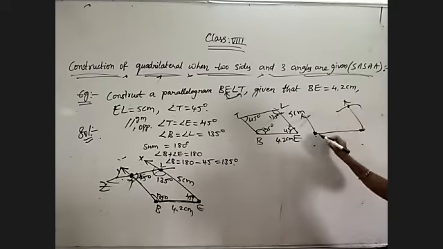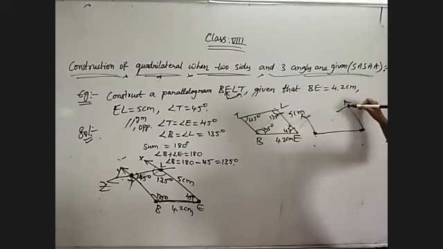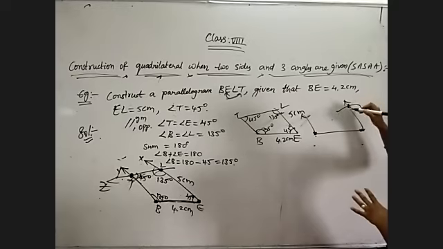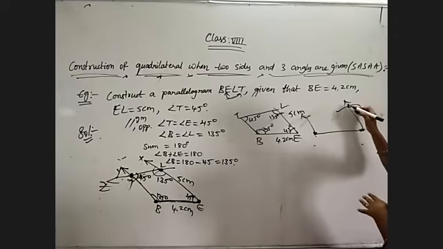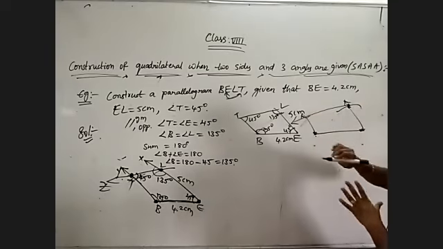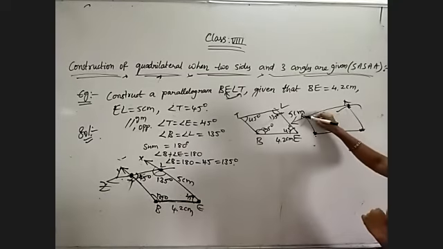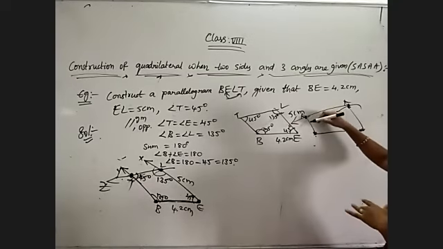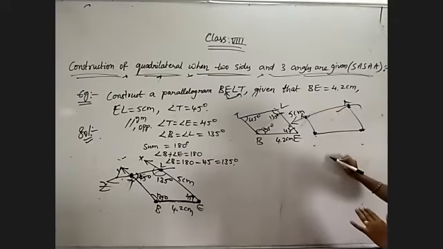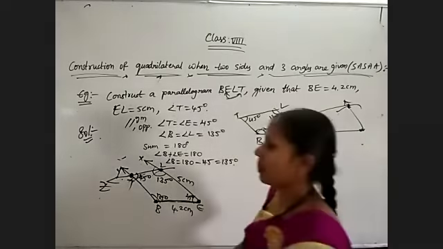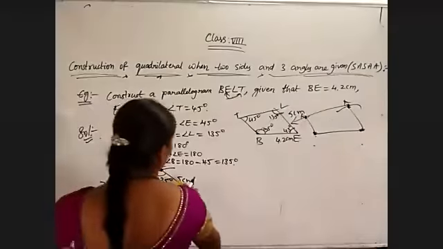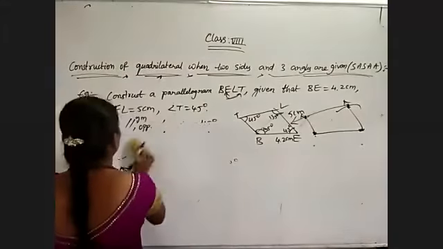Place the protractor at this third point that we found, and we know how much angle is there. Use the protractor and construct another ray; where both rays meet, that is the required vertex. Now we will go through another example, then you will understand.